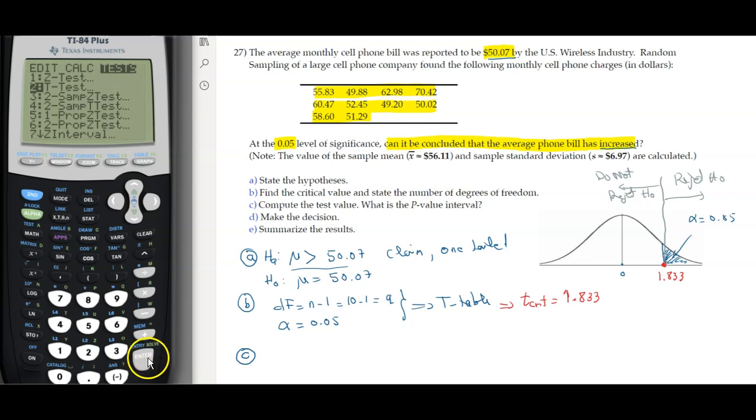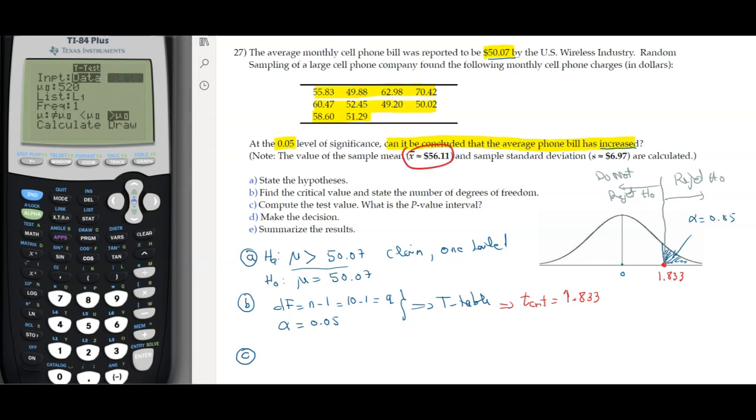You have only one sample, enter, and you have two options: either the data option, in case you want to enter the whole numbers in a list, which we are not going to do, and we're going to use these two values that they gave to us, the x bar here and the s here. It saves us some time.